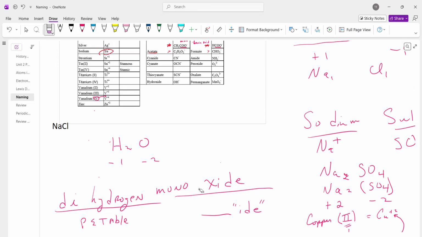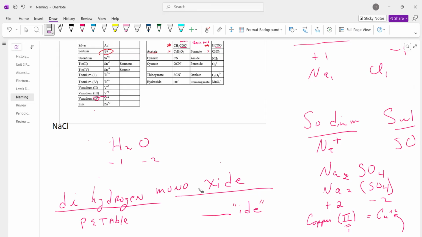So the scientific name is constant. It's international in scope. That was one of the problems with the alchemists, is they didn't have names that were universal like we do now. Okay, so H2O is dihydrogen, 2 hydrogens, monoxide. Now this is always an ide on the right. And the one on the left is what it says on the periodic table.